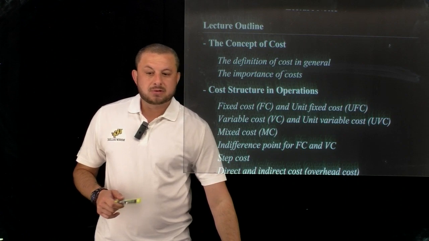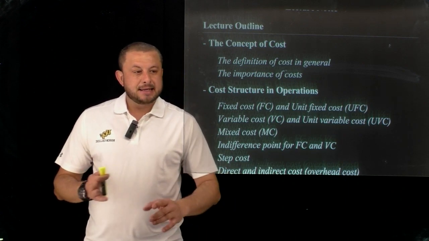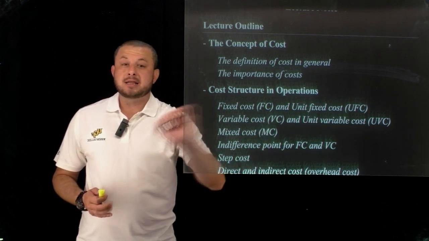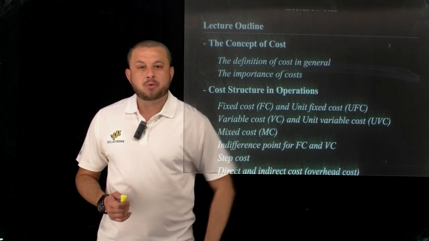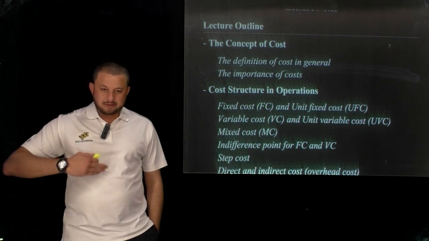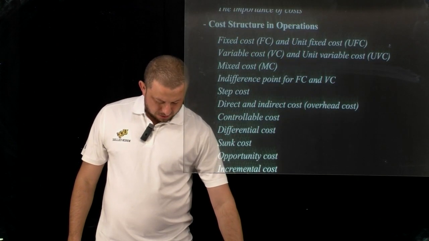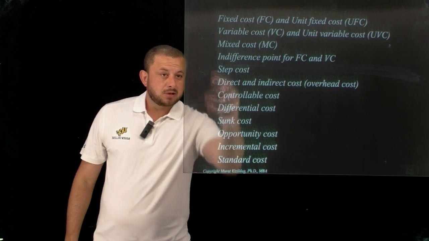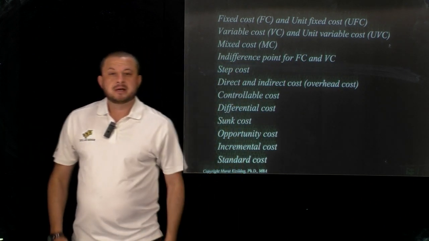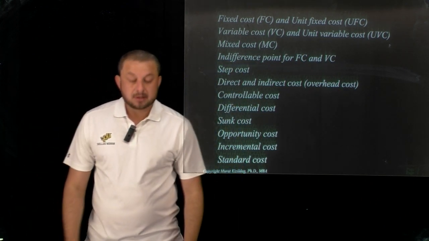Then we will do some quantitative analysis pertaining to these costs. We will talk about the indifference point by blending fixed cost and variable cost, and then at the very end of this chapter in this video, we will talk about different cost items.